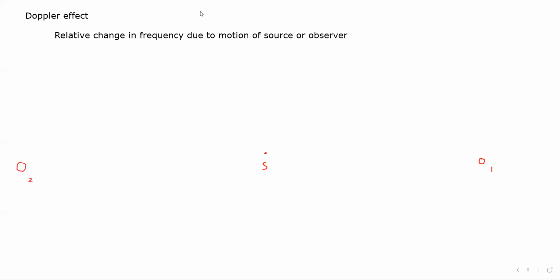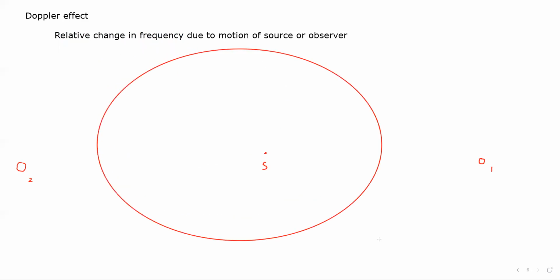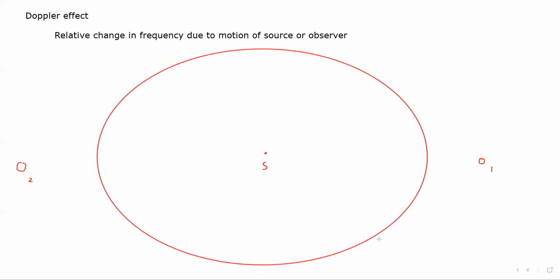Now what happens? First, the source emits a wave. When the source emits a wave, this wave from position 1 will be concentric to the point where it is released. Now the source starts to move towards observer 1 and away from observer 2.